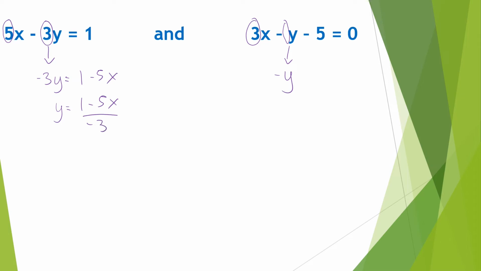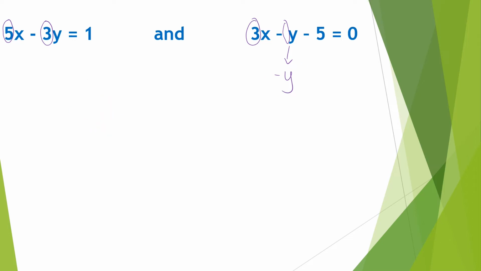I don't like to work in fractions like this. It's a little bit more difficult. That's why I choose the smallest coefficient, or better, 1. So I don't need to divide again by minus 3 if there is 1 as a coefficient. So I erase this one. I don't want to choose this to substitute.